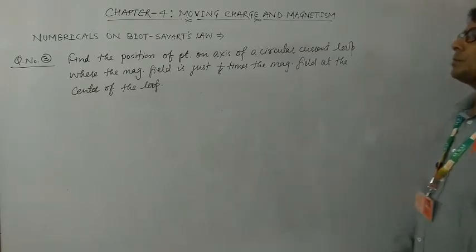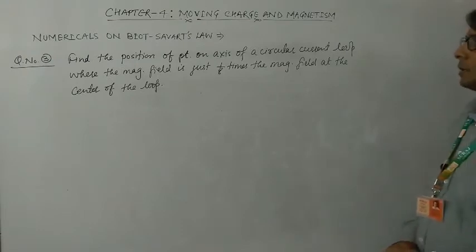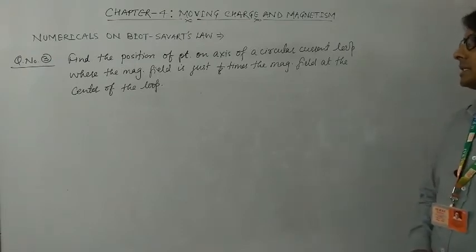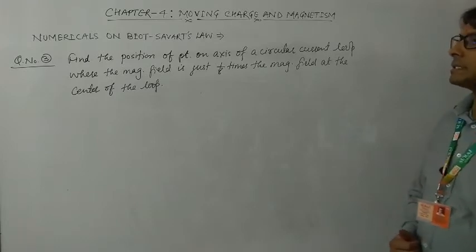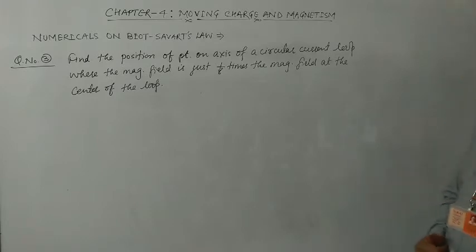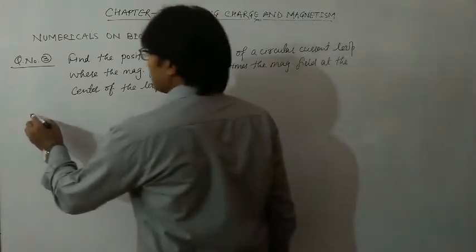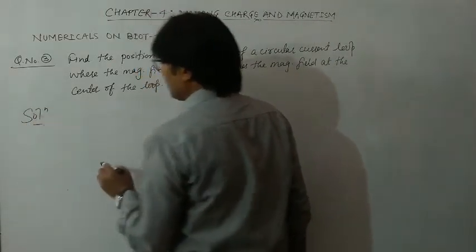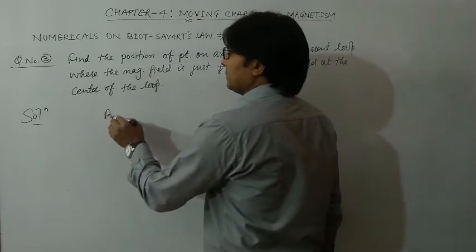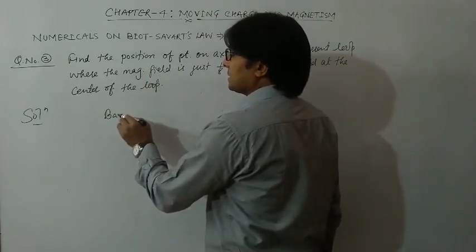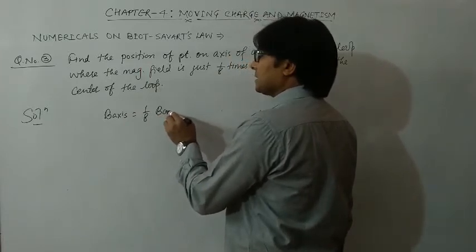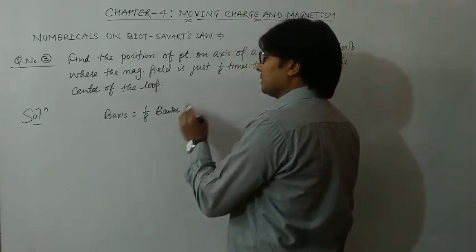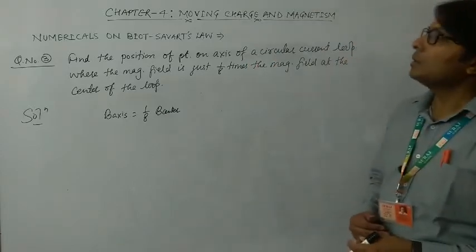Find the position of the point on the axis of a circular current loop where the magnetic field is just 1 by 8 times the magnetic field at the center of the loop. Now the condition given is B axis is 1 by 8 B at center, or we can denote it as B0.